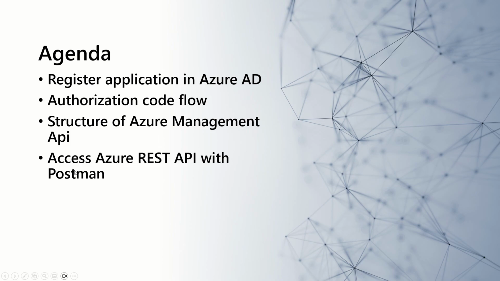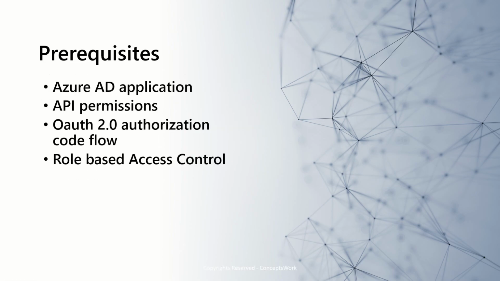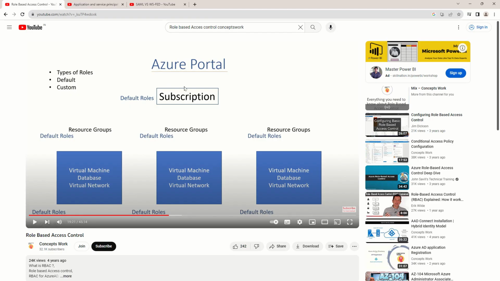Now, there are many different concepts which I'm going to use as a reference point in this video. So it's my suggestion that if by any chance you don't know how an Azure AD application works, practically speaking, either the application or service principal object, or what is the purpose of API permission, or what is the purpose of authorization code flow, how exactly the interaction happens between the application and the IDP, or even role-based access control, I would sincerely recommend you to please go ahead and watch this first video, which is role-based access control.